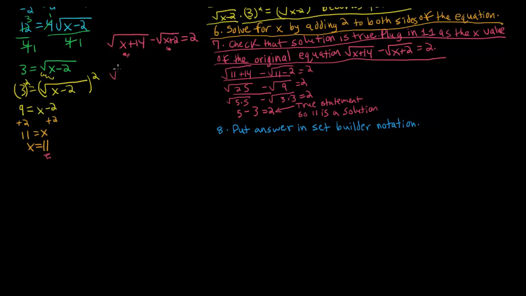So it would be 11 plus 14 minus square root of 11 plus 2 equals 2. Actually, right here, I see an error. This should be x minus 2.